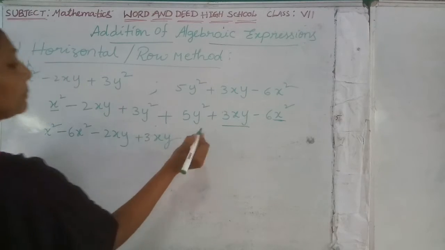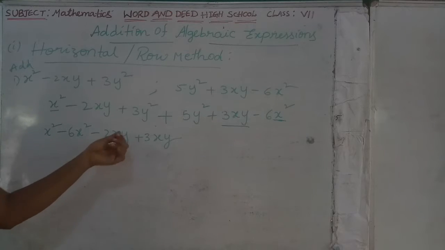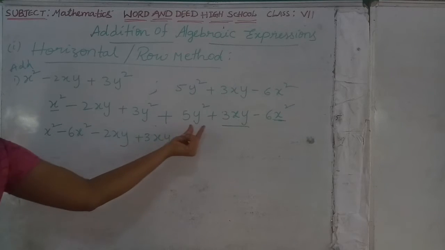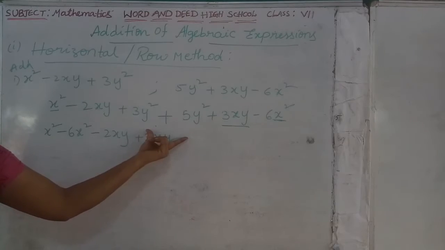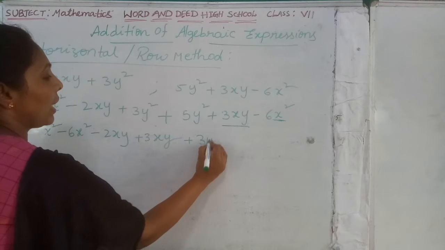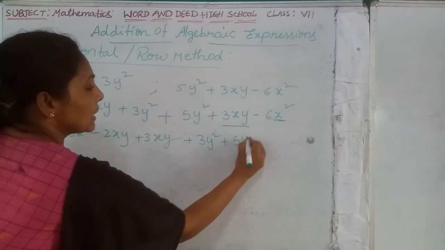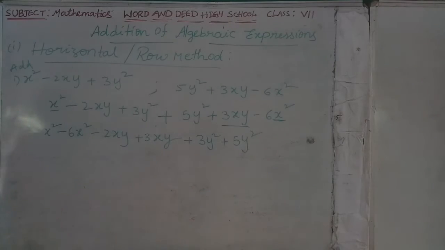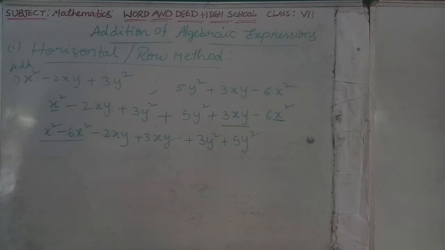Next, the remaining terms: y square. These two are also like terms, so together we write plus 3y square plus 5y square. Now, x square minus 6x square.